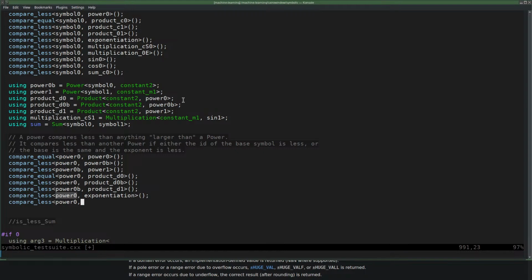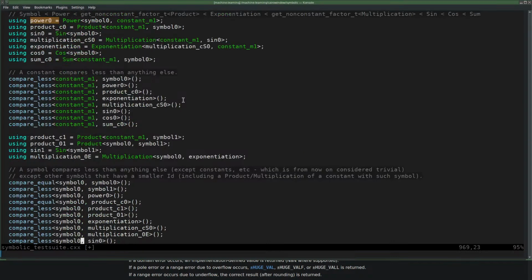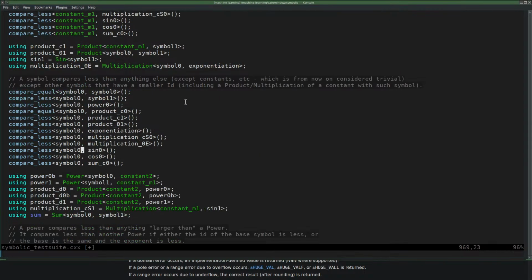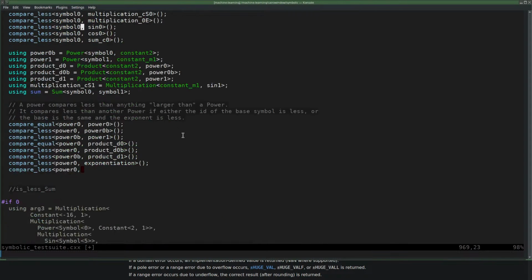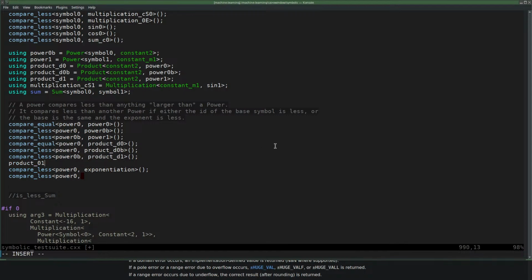So I can use the product of products. This one. To compare less power 0 with any product.